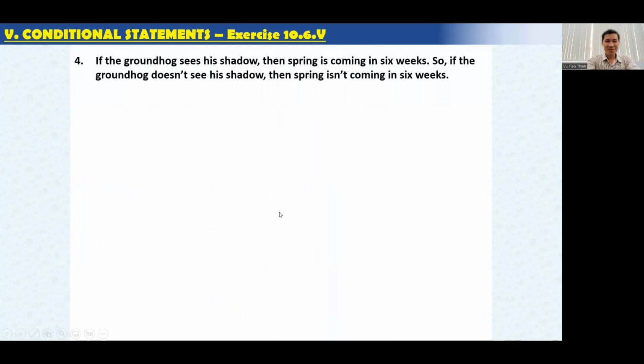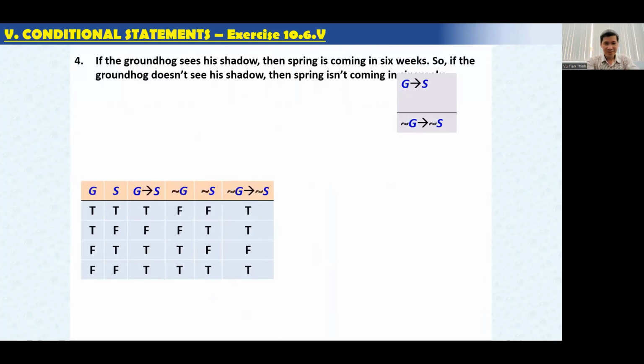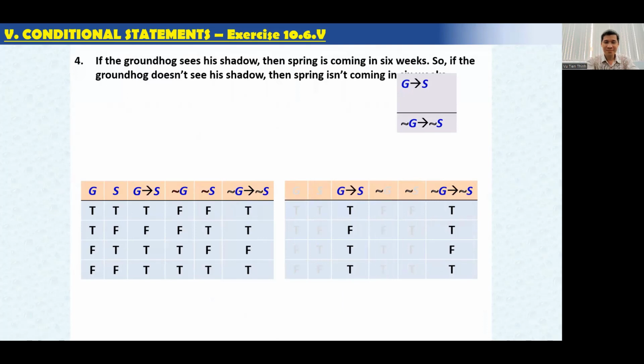Yeah. If G then S, not G then not S. We need G, S, not G, not S. So we have 6 columns. So 3 situations when the premise is true. But we have 1 situation, premise true, conclusion false. Invalid.